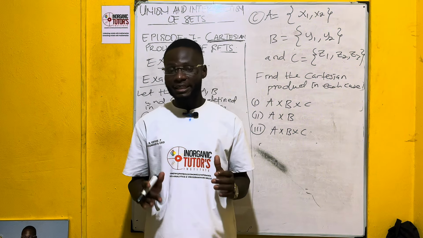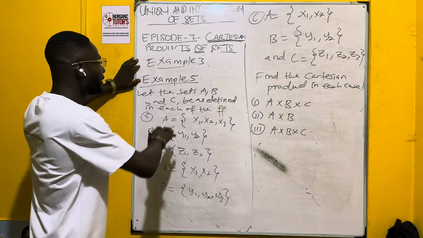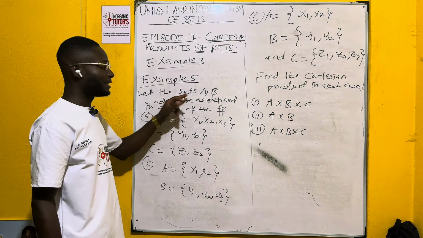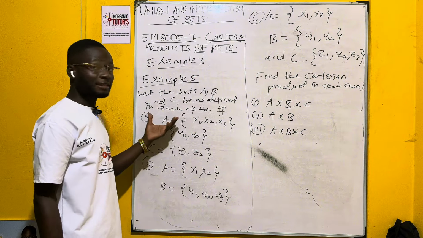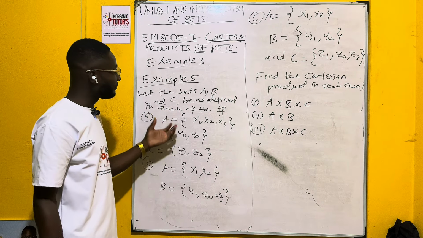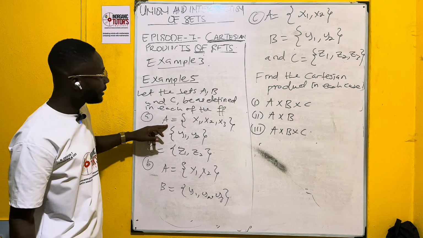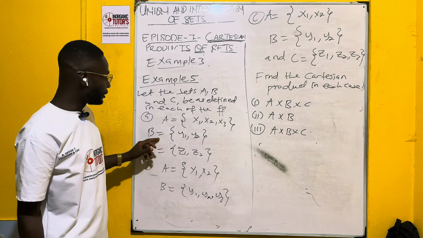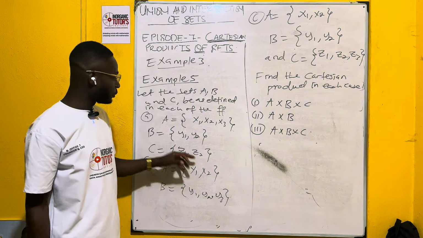So with question number 5, we have been given this preamble, right? Let's say we have sets A, B, and C, and those sets have been defined in each of the following, right? So for (i), A is equal to x1, x2, x3, B is equal to y1, y2, C is equal to z1, z2.